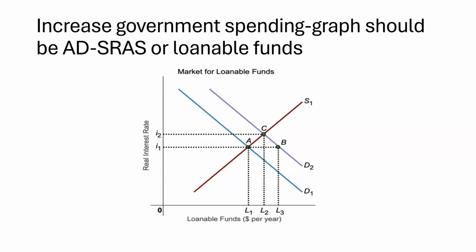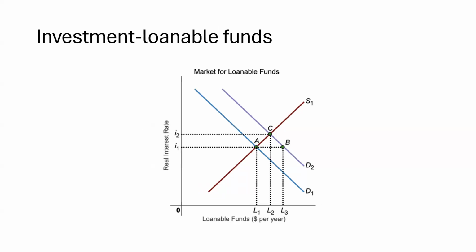3 and 25. If businesses become optimistic about the profitability of investments in an economy, which of the following... They're saying loanable funds.